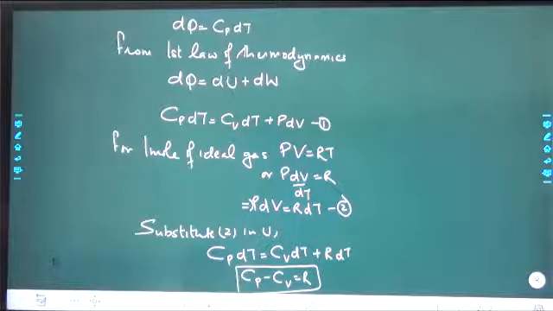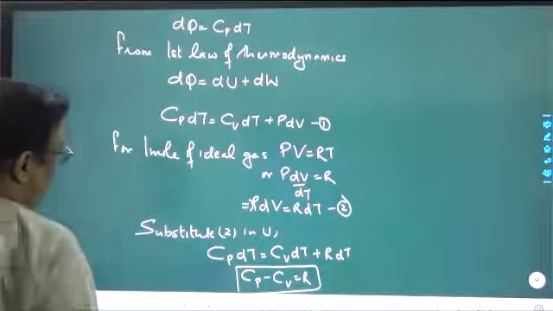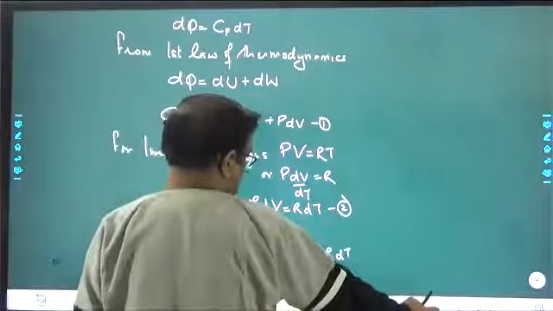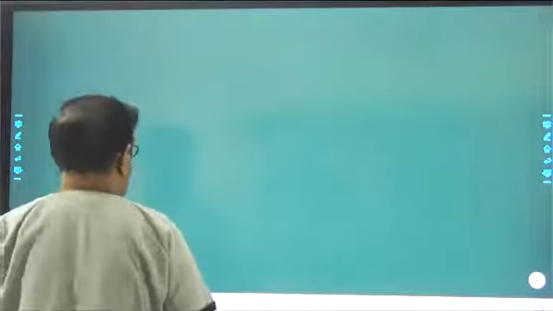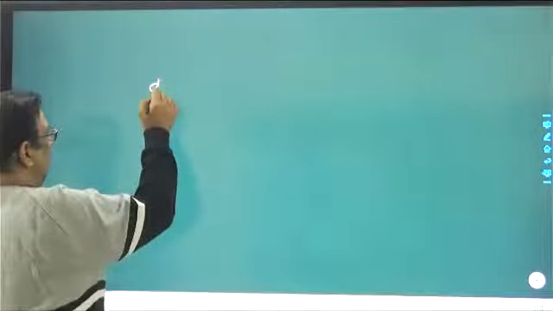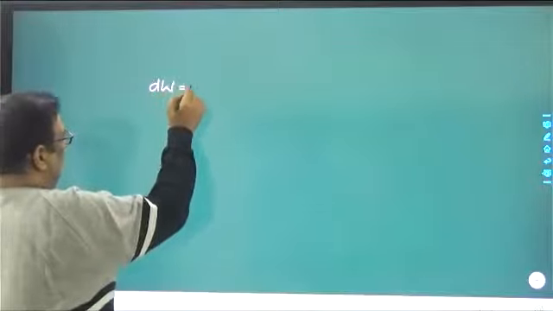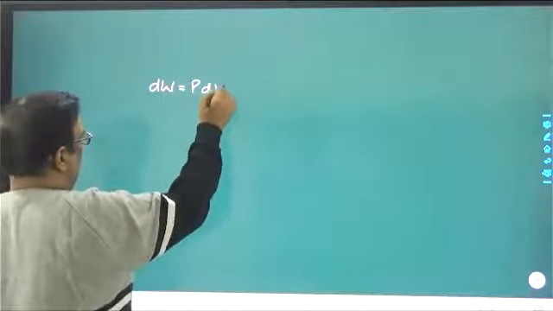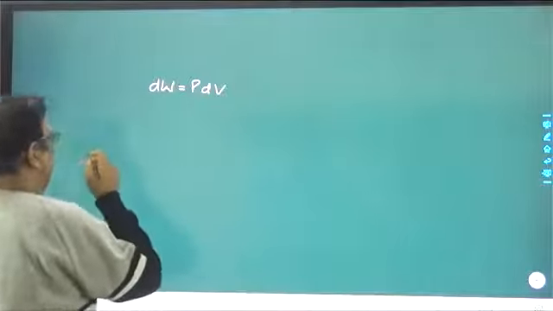If at any instant volume changes by dV when pressure is P, the work done is given by dW equals P dV.